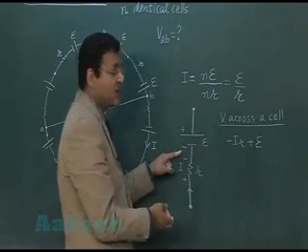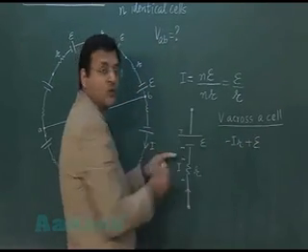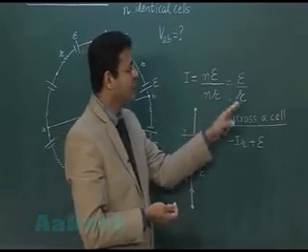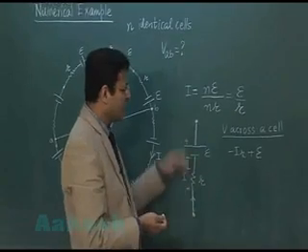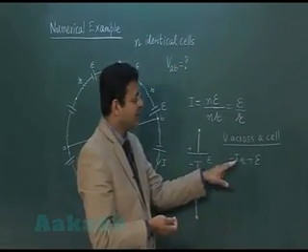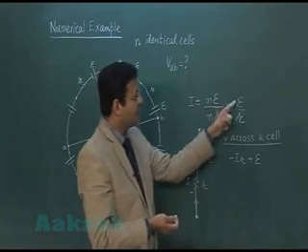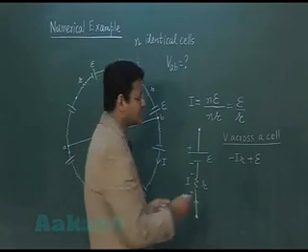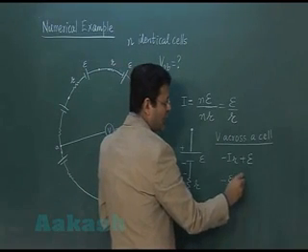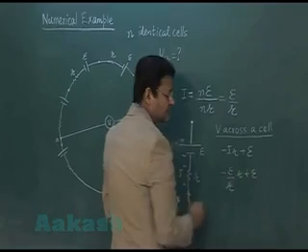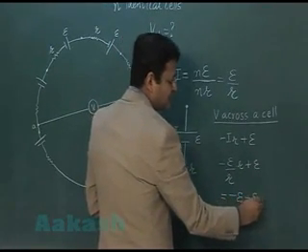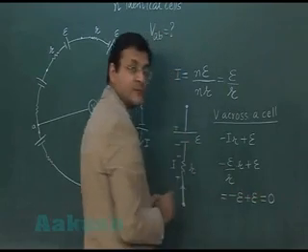You see this? Now if you substitute the value I equal to E by r, जो एक सिंगल सेल के क्रॉस टर्मिनल वोल्टेज है, उसके एक्सप्रेशन में I की जगह अगर आप E by r सब्स्टिट्यूट करें, then this is minus E by r into r plus E. This is minus E plus E. So this will be equal to 0.